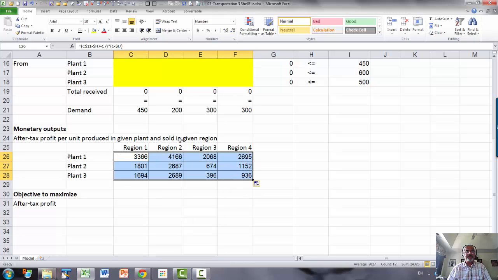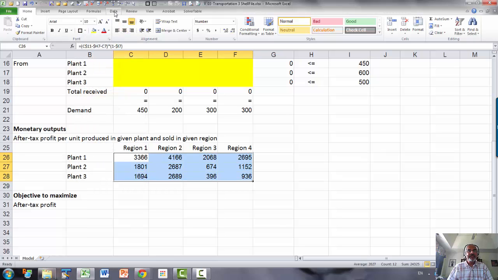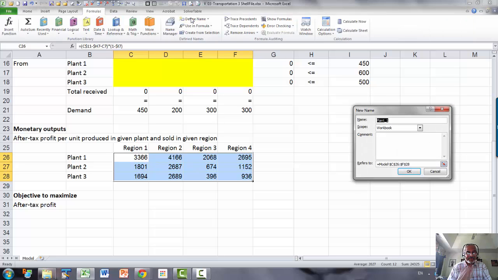Okay, let's clean up the borders a little bit here and give a name. Define name: after tax profit per unit.